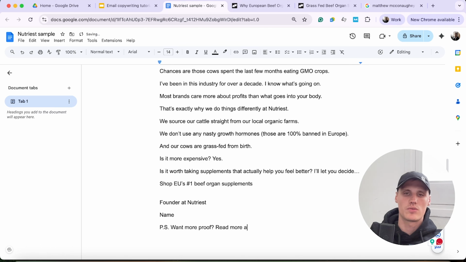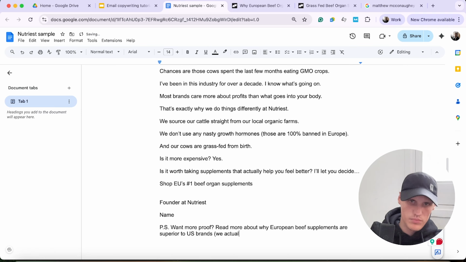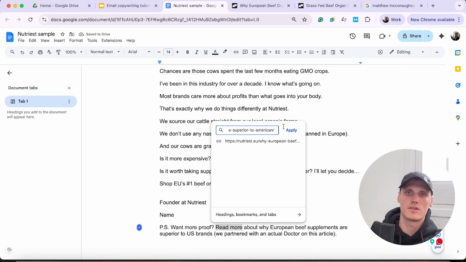Read more about why European beef supplements are superior to US brands. We partnered with an actual doctor on this article. And then here you can add a link to the article.